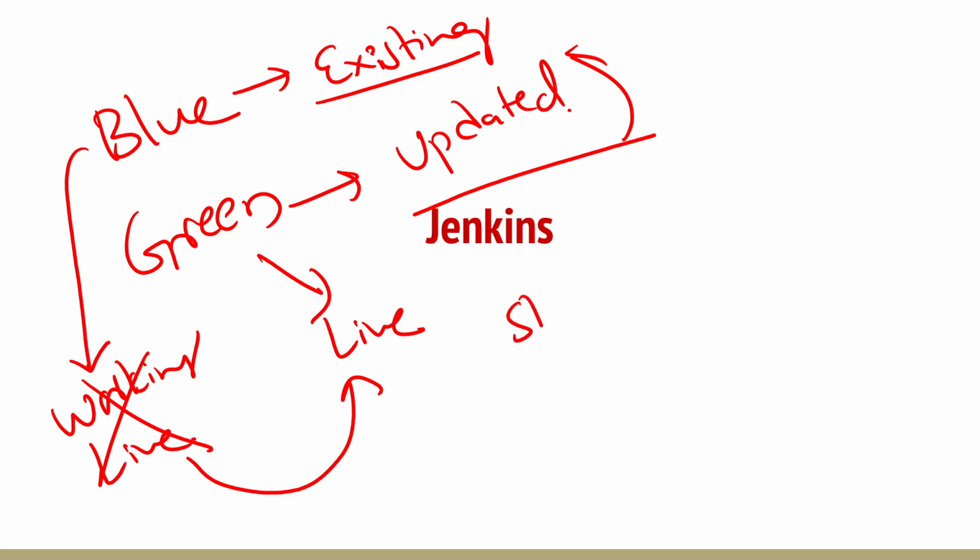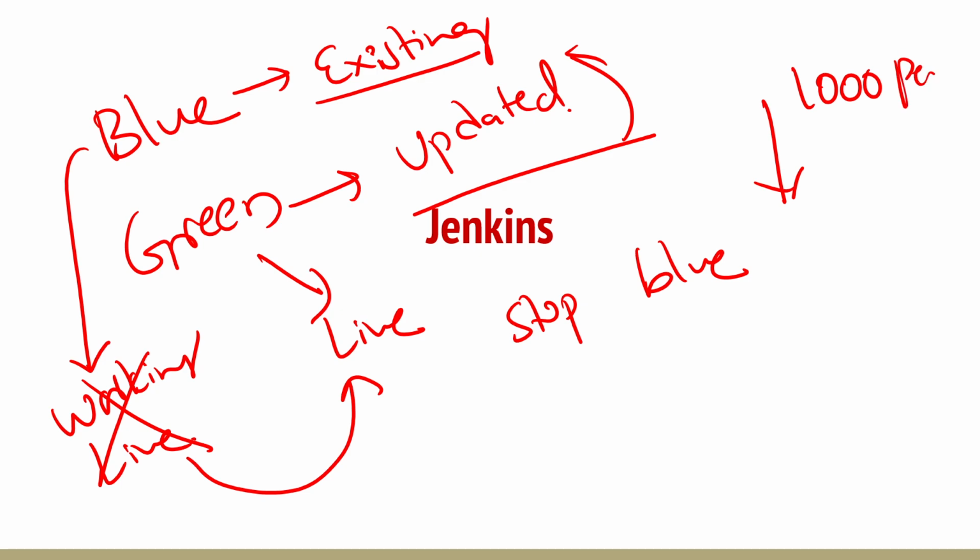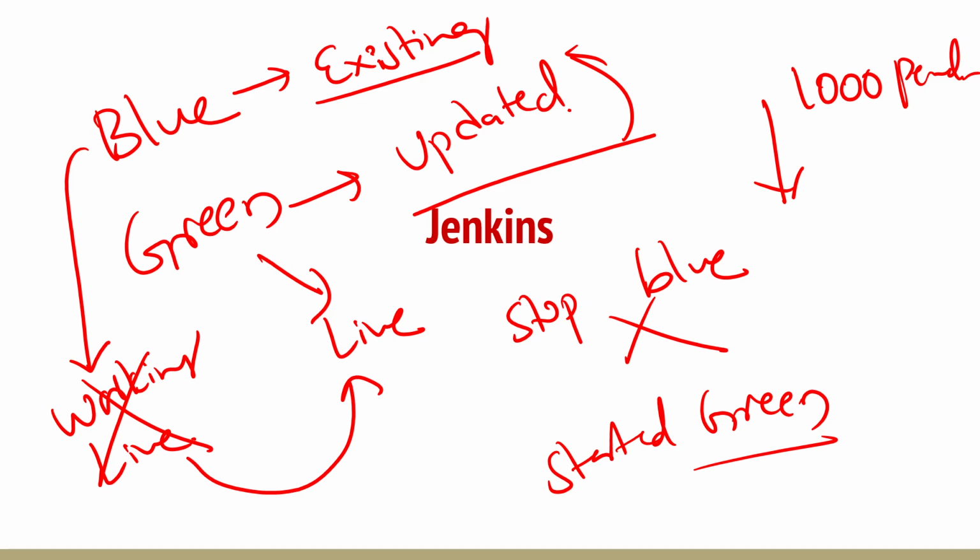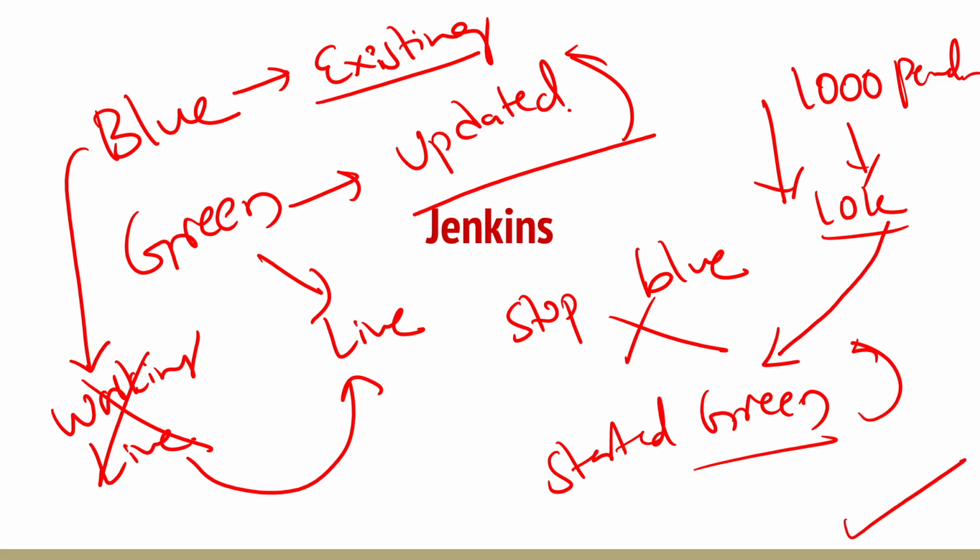See, if I stop the blue, there are some 1000 requests pending, and you have stopped the existing application and started the new one, this deployment will take time. By the time, these 1000 waiting requests became 10,000. Once you start the green, all these 10,000 are answered by the green version.